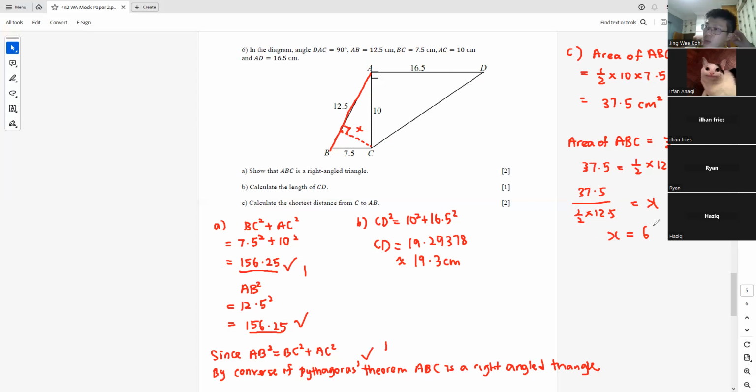You can use your TOA CAH SOH if you have the angle. Otherwise, you can also use this to find your shortest distance. Okay, any question? No? We'll move on.